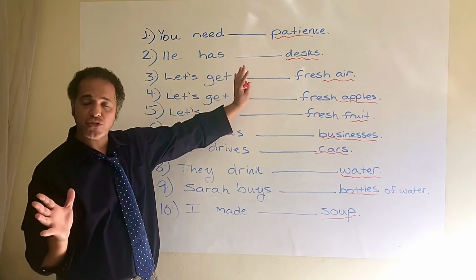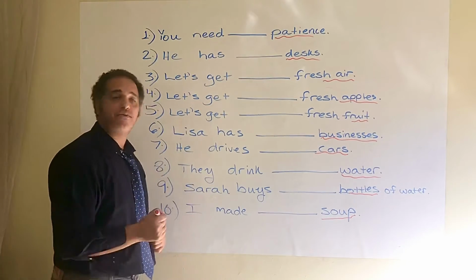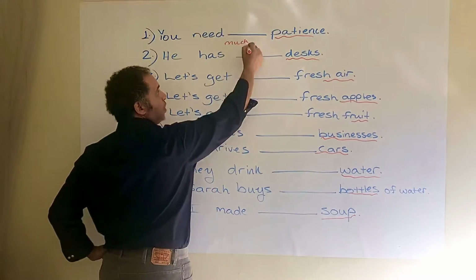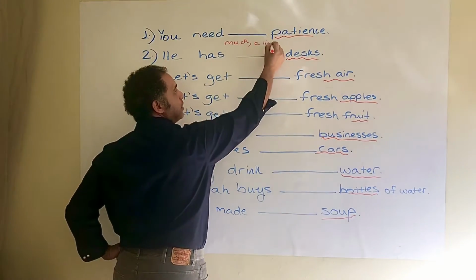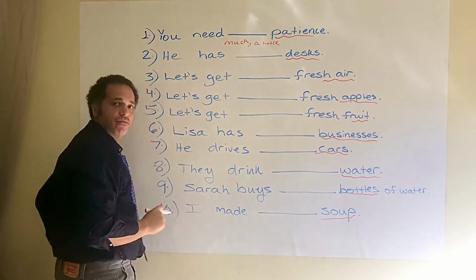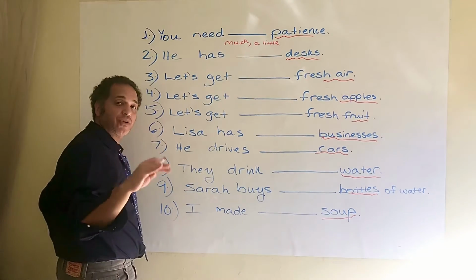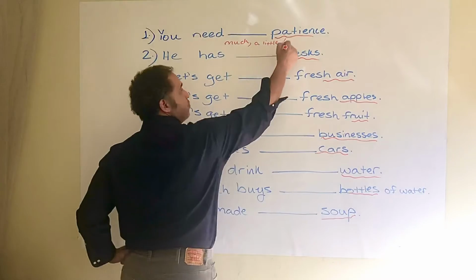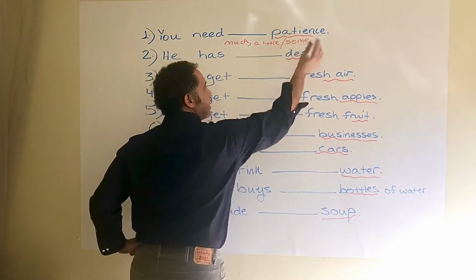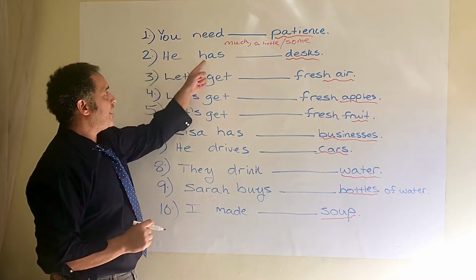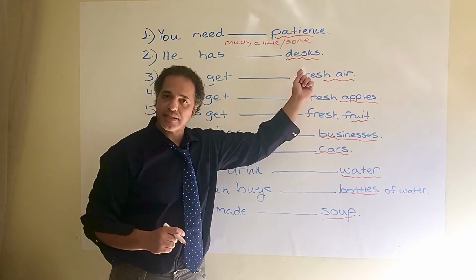You need patience, or you can use some quantifiers. You need much or a little patience. You can also use some of the quantifiers which we can use for both count and non-count. You need some patience. 2, he has desks.